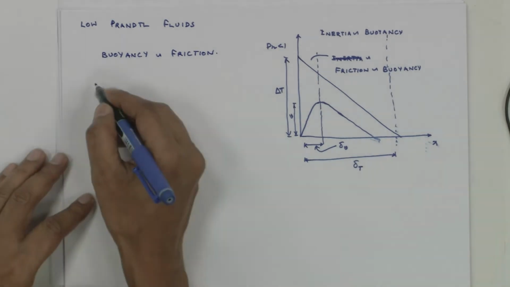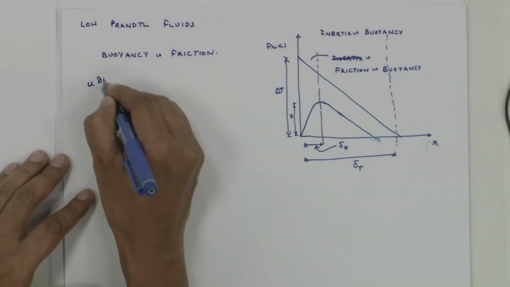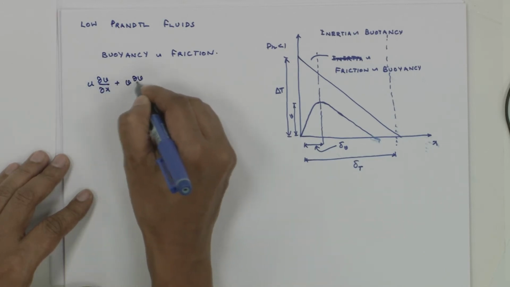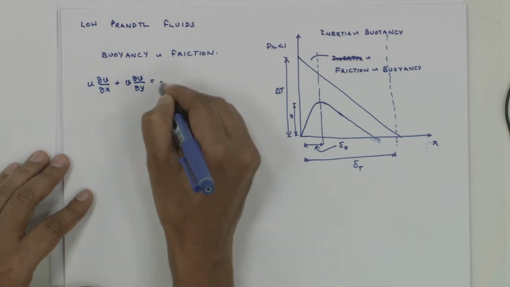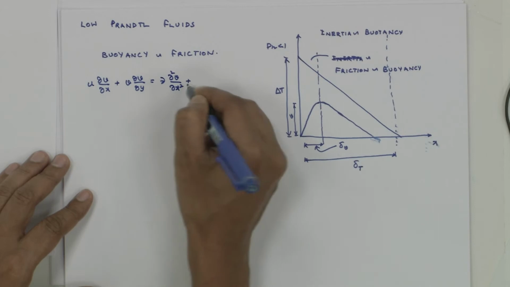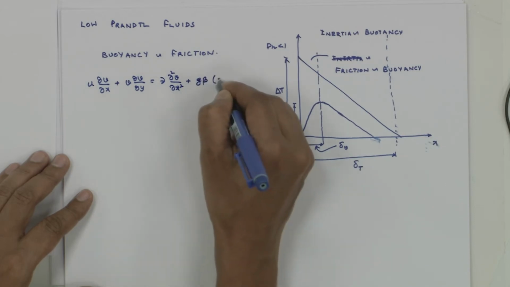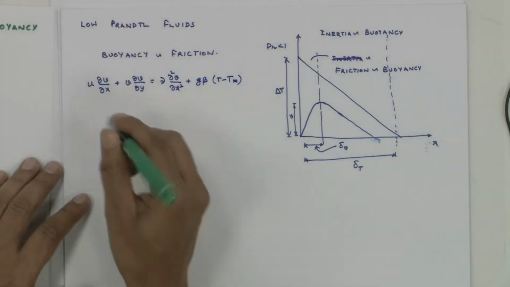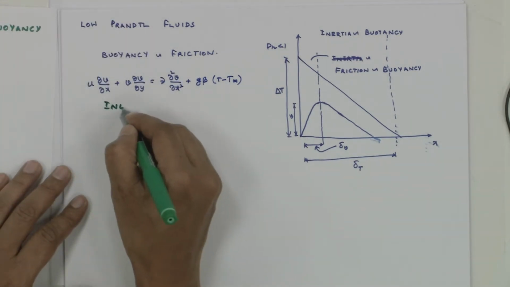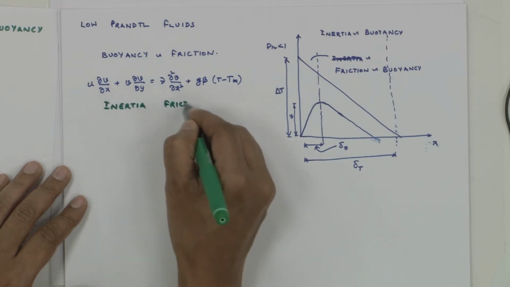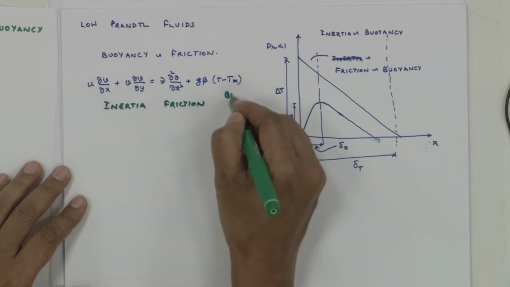So what is my equation? U del v by del x plus v del v by del y equals nu del squared v by del x squared plus g beta (t minus t infinity). Recall that this is inertia, this is friction, this is buoyancy.